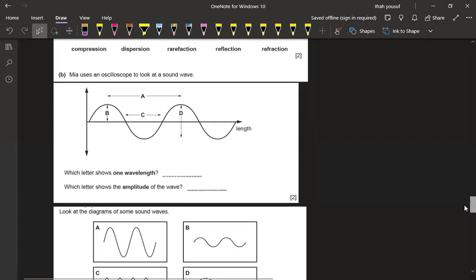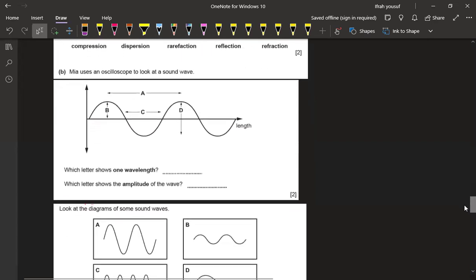All right. So Maya uses an oscilloscope to look at a sound wave. An oscilloscope is a device that is used to observe the oscillations.